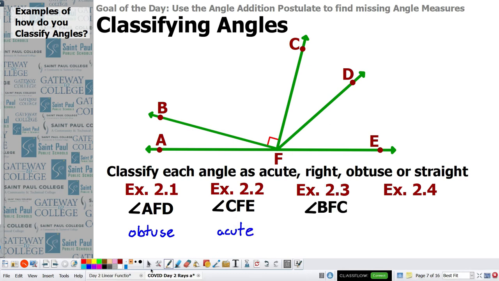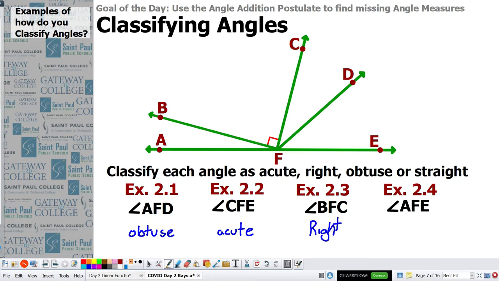Angle BFC. This one we see has the little box in that angle. So we know this is a right angle. It's 90 degrees. So this is a right angle.